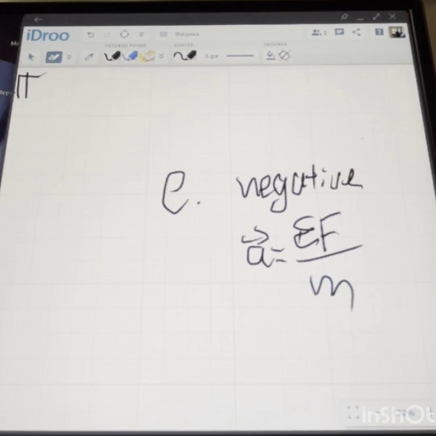Okay, and now we can just plug that in. Acceleration is negative 0.67.